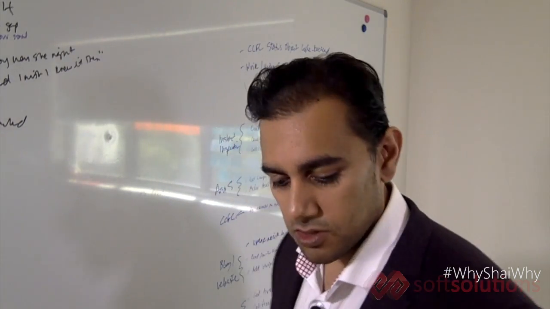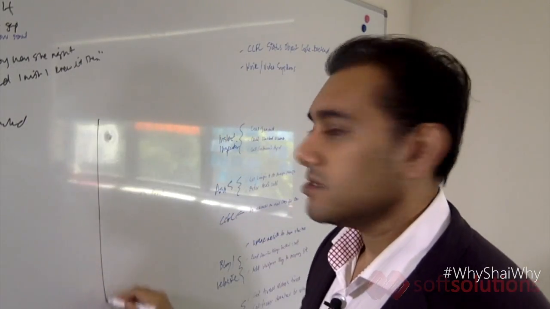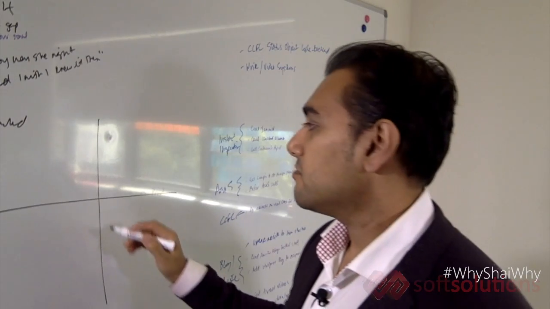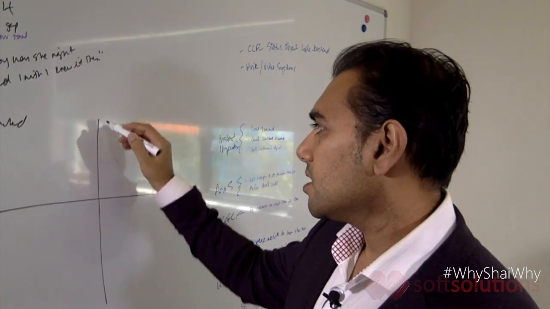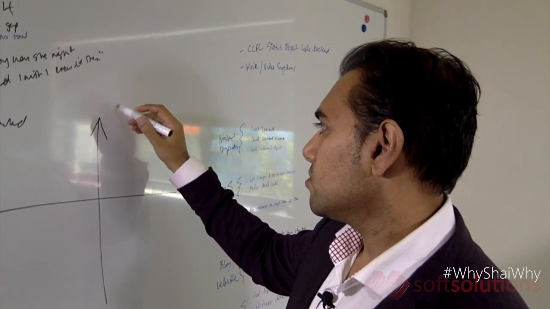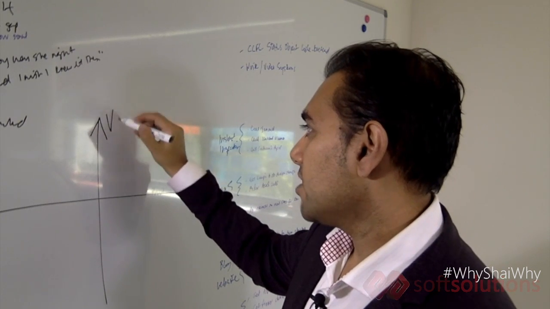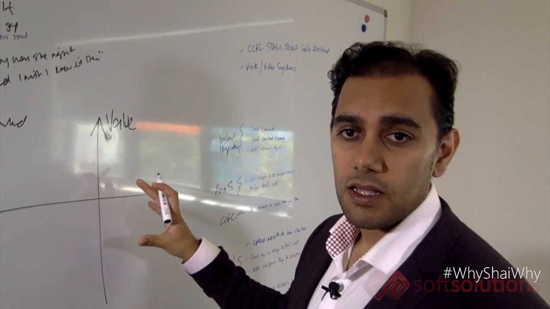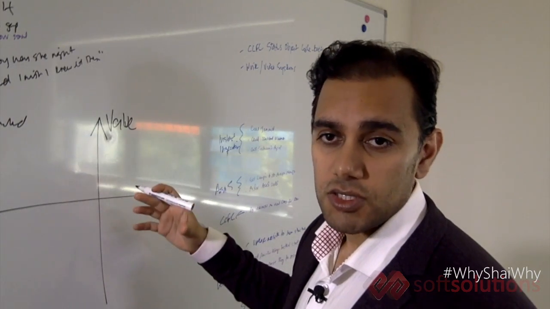So let me just quickly draw this up. When it comes to priority, I don't know if you can see that, you've got a sort of quadrant type effect. On one axis, you want to talk about how much value is gained by introducing that feature.